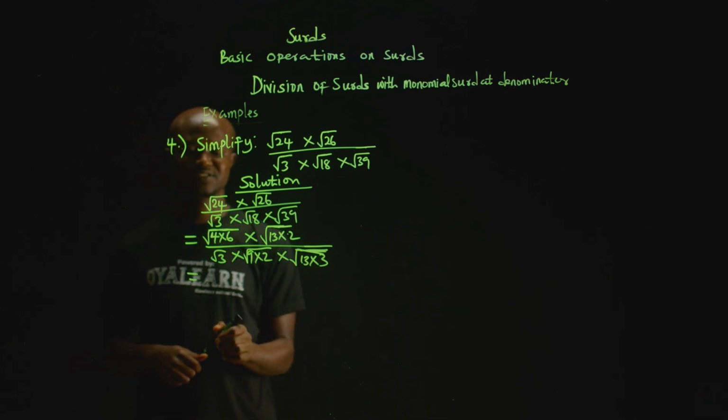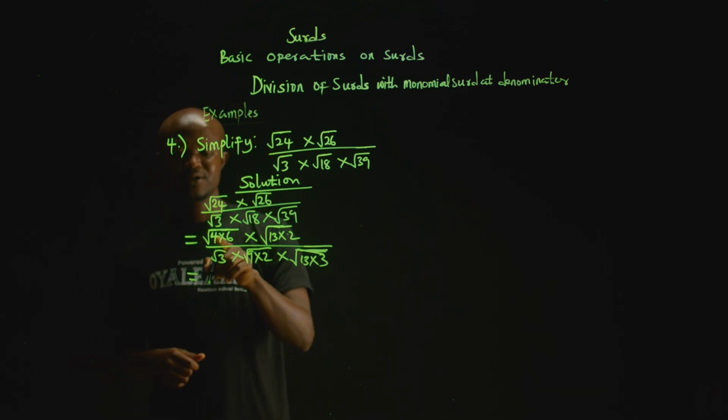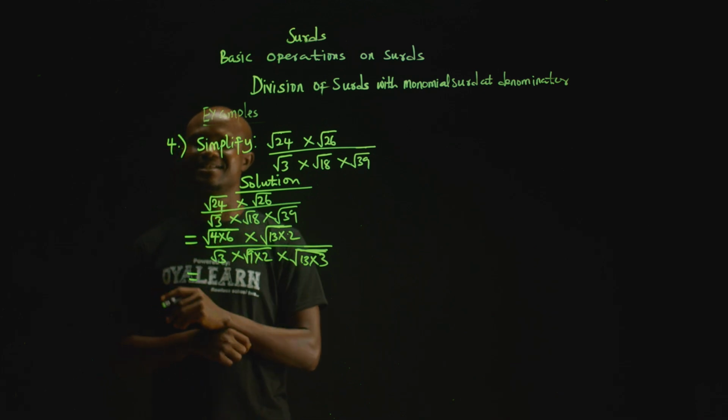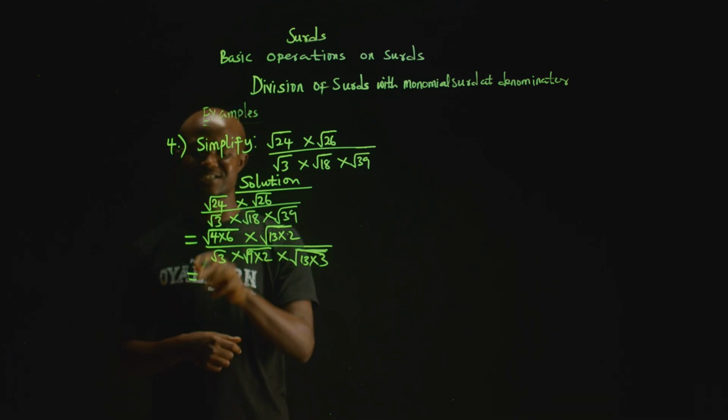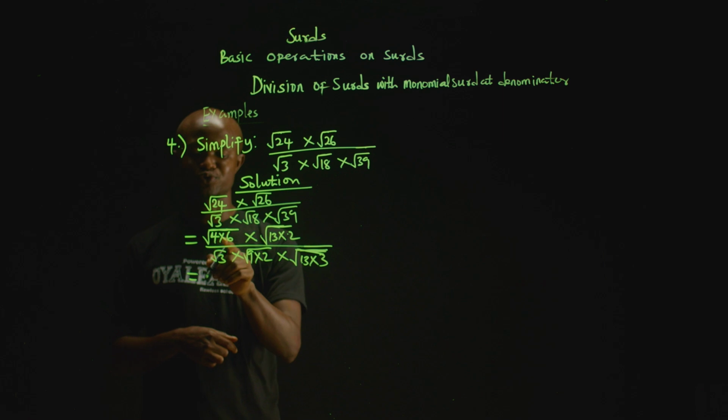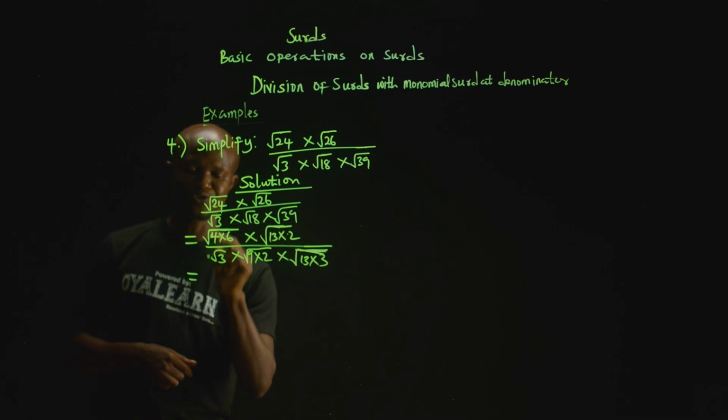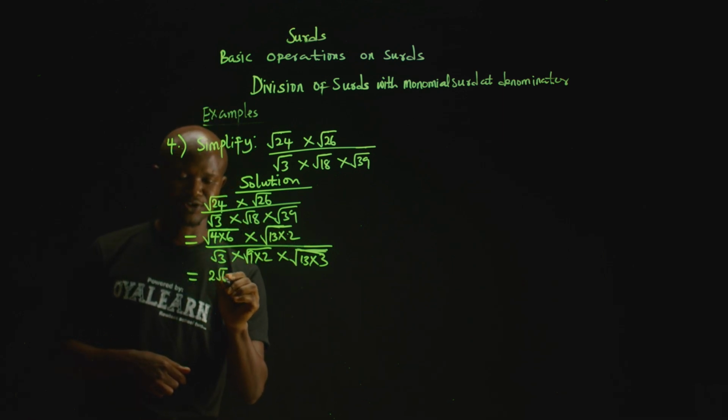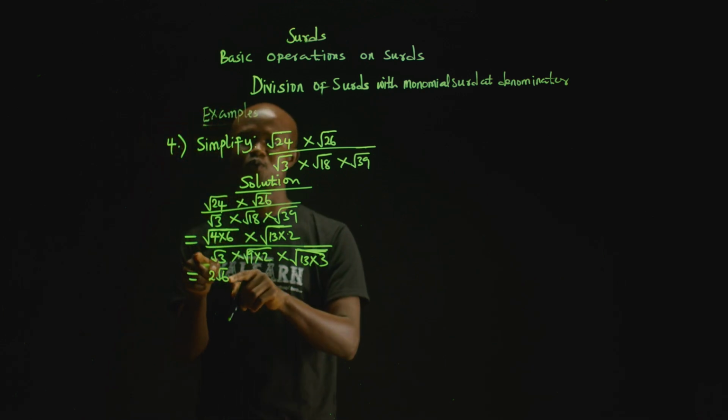Then, splitting this further, we have root 4 times 6 now. Since 4 is a perfect square, root 4 times 6 will become, root 4 is 2. So we have 2 root 6 for this. That 4 we turn to 2.